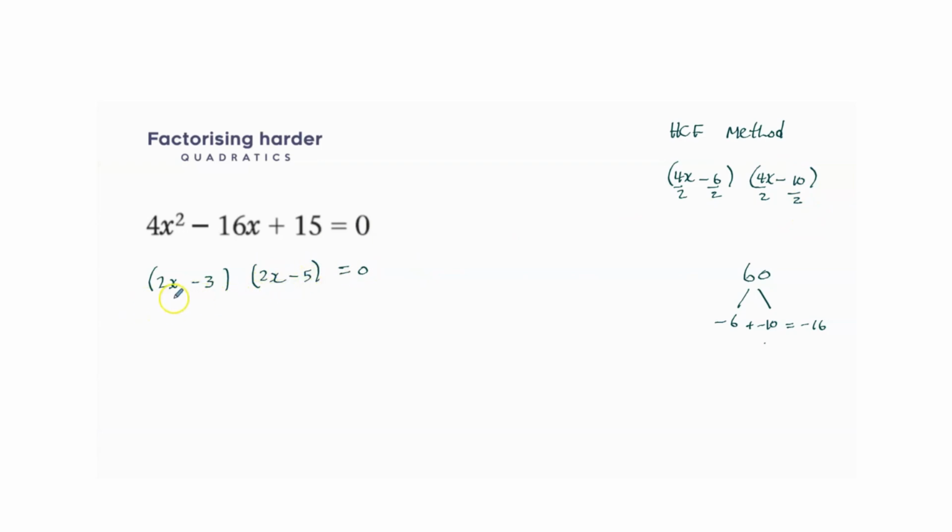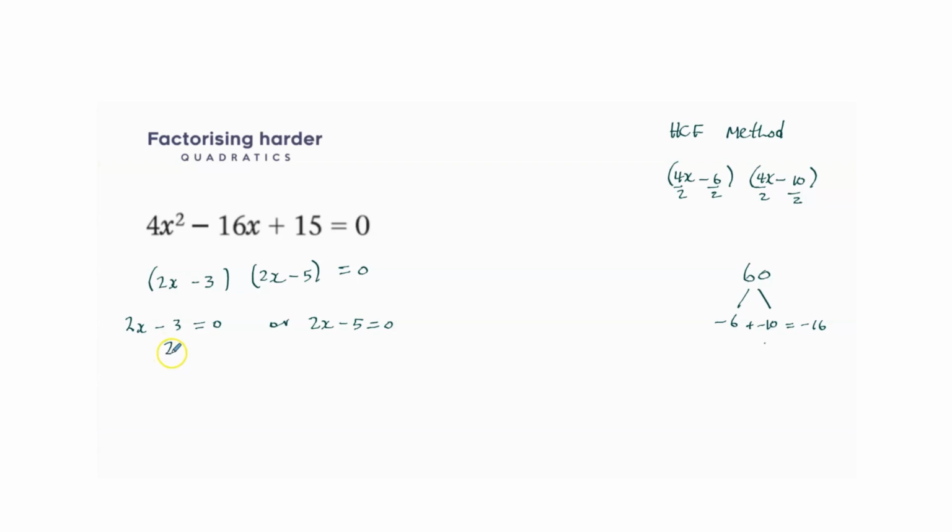So we have factorized the equation now, so we can solve it. 2x minus 3 equals 0, or 2x minus 5 equals 0. We add 3 both sides to solve for x here.